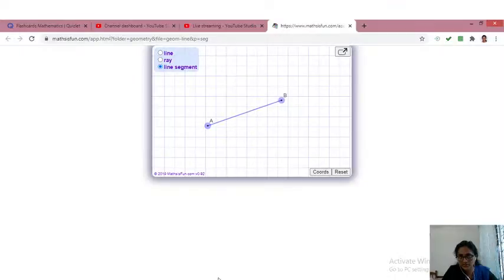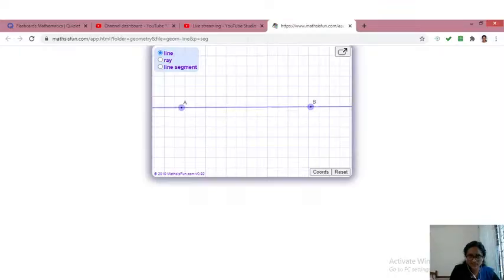So let's see. Now this is a ray. So let us take a line. So in a line this can be extended. See, these points, they can move like this. So a line is never ending, it is straight.